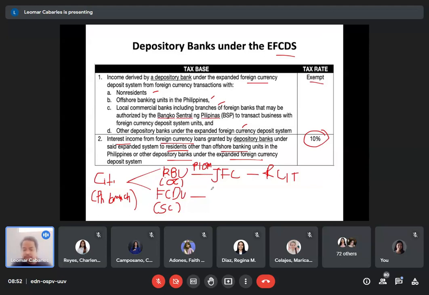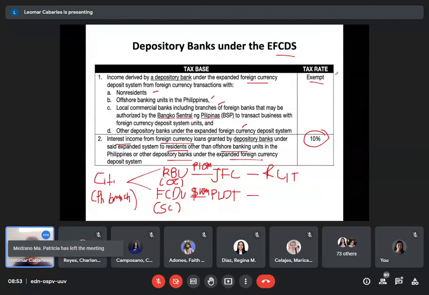Let's say pinautang niya naman si PLDT. $10 million. Yan. This table is now applicable. Pero alin siya dito sa dalawa? Exempt or subject to 10%?